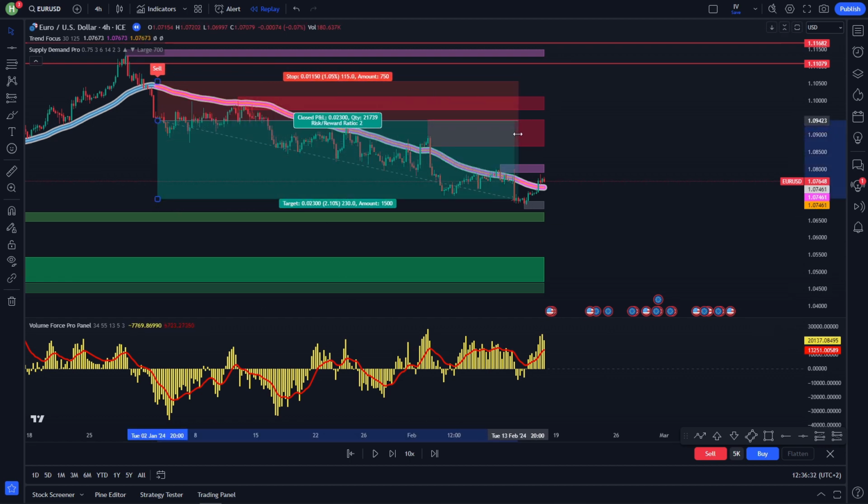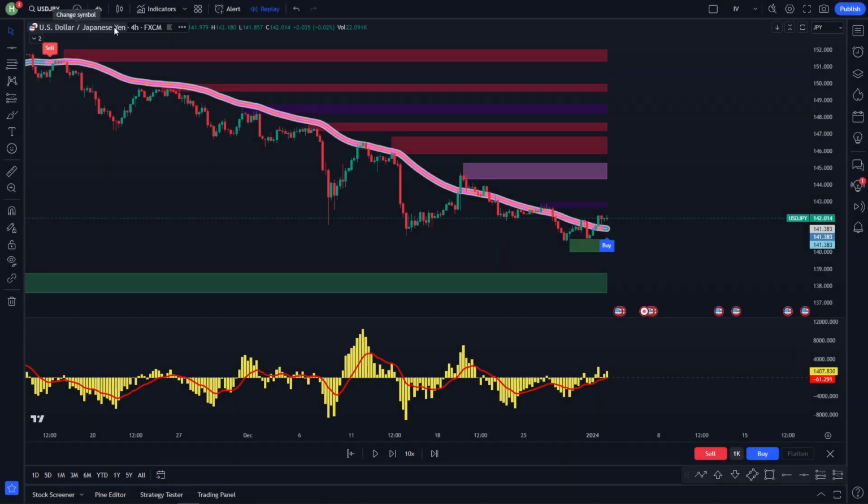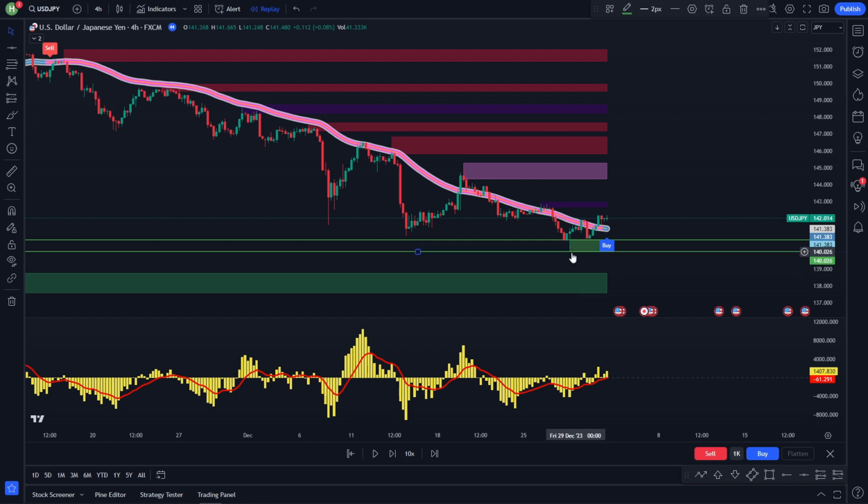Next, let's look at the exact rules for entering a buy trade. On the chart, I've selected the US dollar against the Japanese yen in the 4-hour time frame. From the chart, we can see price action rejecting away from this demand zone with multiple rejections away. Then we see price action crossing above the trend focus and giving us a buy signal with the line changing color. Lastly, when we receive the buy signal, we can see that the Volume Force Pro histogram is above 0 and also above the average line.